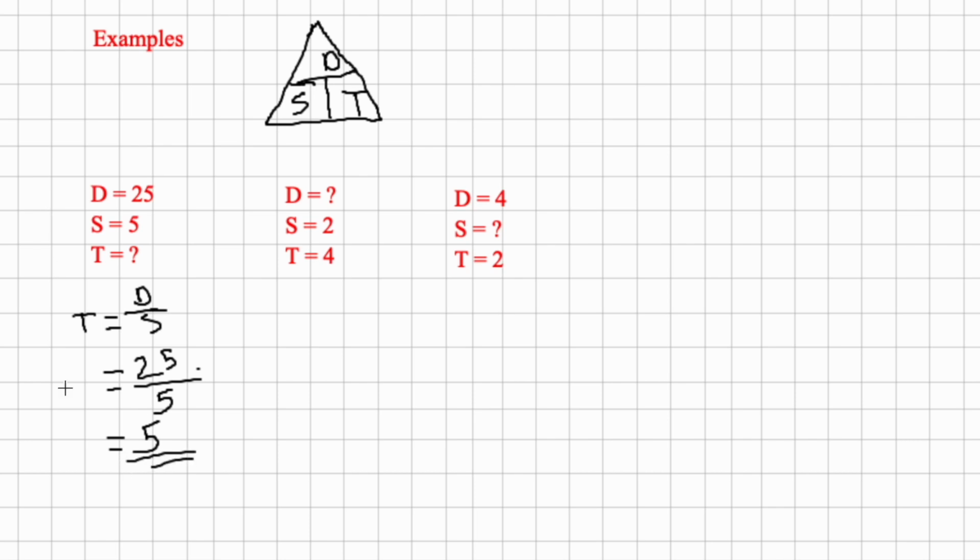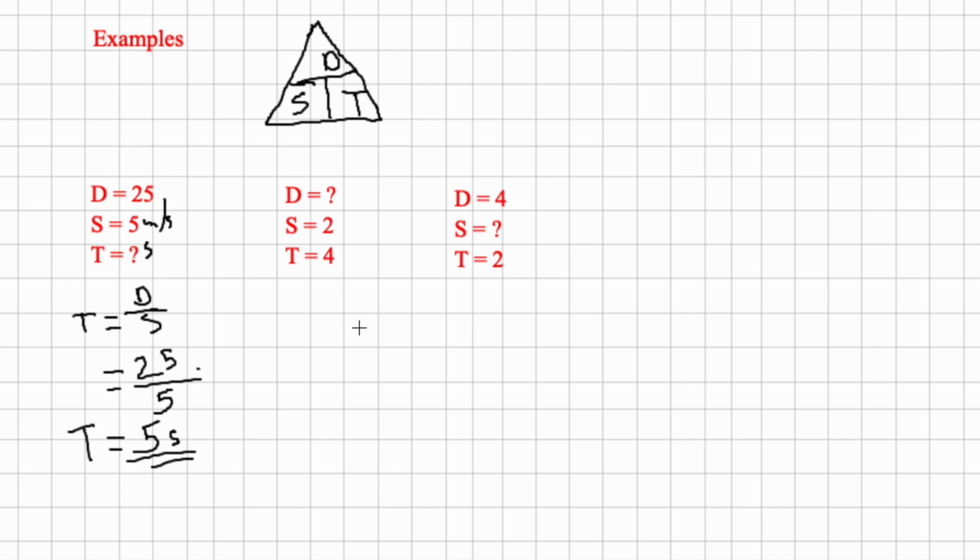So t will be 5. It's important, if the question asks for units, like miles per hour, or it wants it in seconds, make sure you put seconds after the answer. We're doing the basics just so that you understand the basics of the distance, speed, and time diagram.